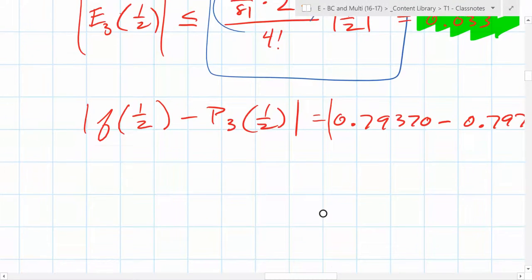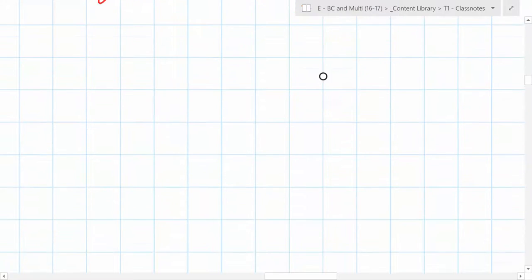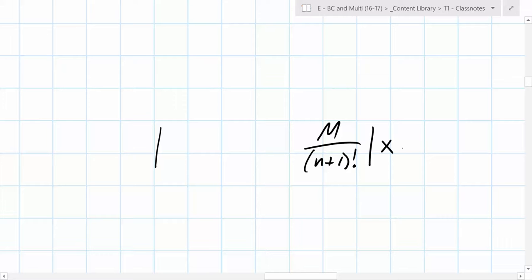So, what is M? What was that definition, Seema, that you were so proud of remembering? M. What is M? Don't look down. M over N plus 1 factorial, absolute value x minus a to the n plus 1, and what is that greater than or equal to?